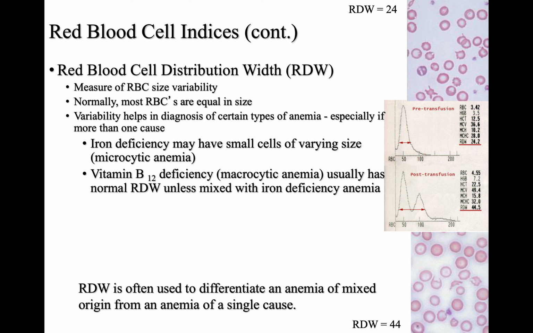Iron deficiency anemia will have very small cells, a varying size, microcytic, because it's deficient in iron. But yet, vitamin B12, it's a deficiency also, we're very deficient in vitamin B12, but they're macrocytic. They're very large cells. And there it is. RDW is often used to differentiate an anemia of mixed origin from anemia of a single cause.